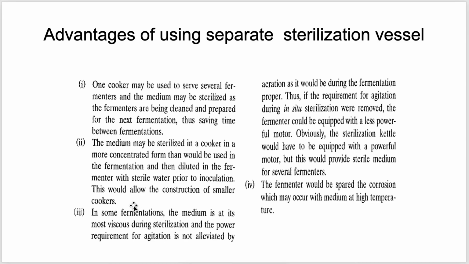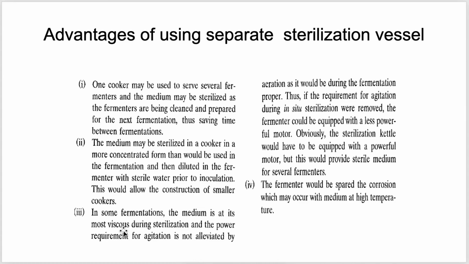Another advantage is that in some fermentations, the media is at its most viscous during sterilization. In this kind of fermentation process where the media is very viscous, if we want to do in situ sterilization, we need to use agitation, right? We actually have to use a very powerful motor to agitate the media properly to achieve a successful sterilization.